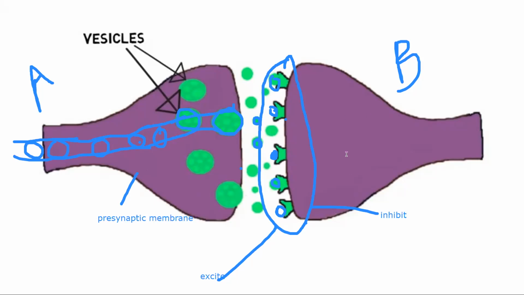And neuron B is also known as the postsynaptic membrane.